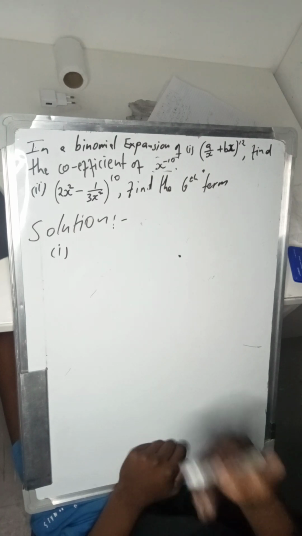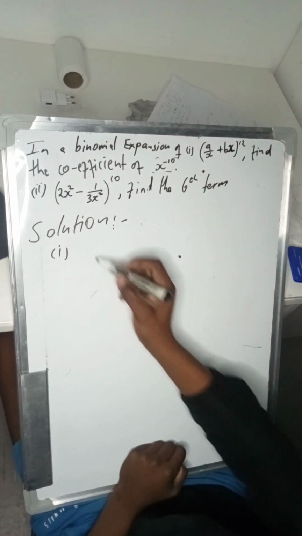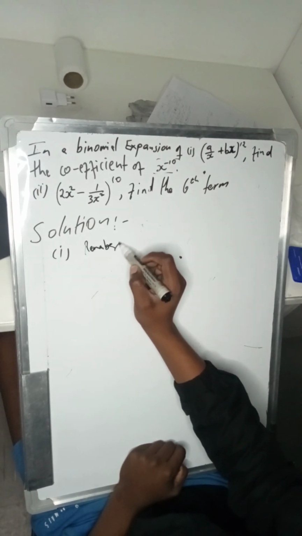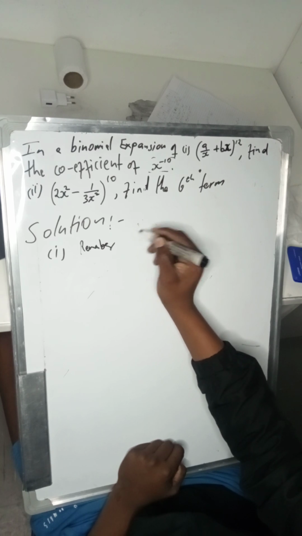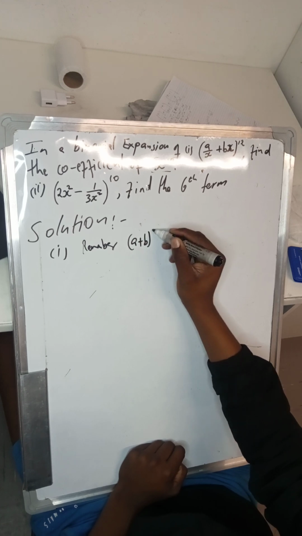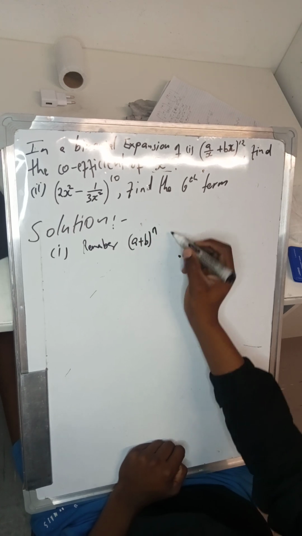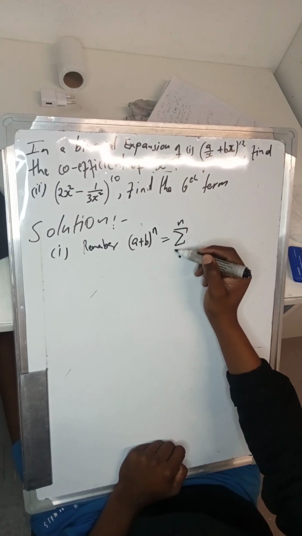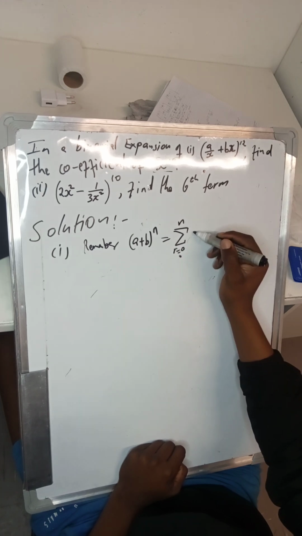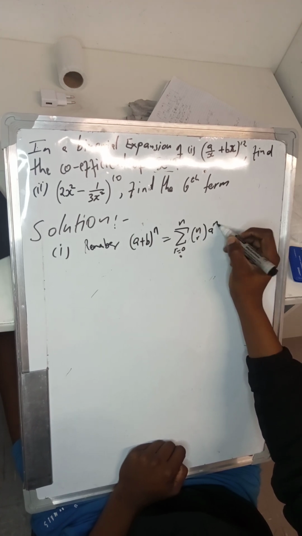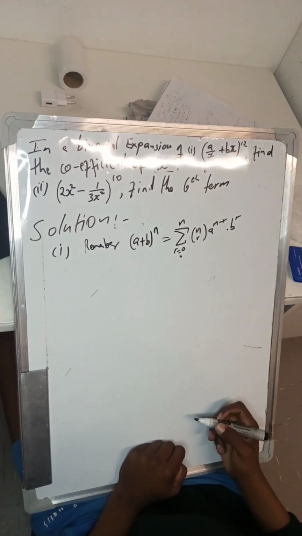So now this is what happens. Firstly, remember when we had the expansion of a plus b to the power n, this was said to be equal to the sum from r equal to 0 to n of n choose r, a to the n minus r times b to the power r.